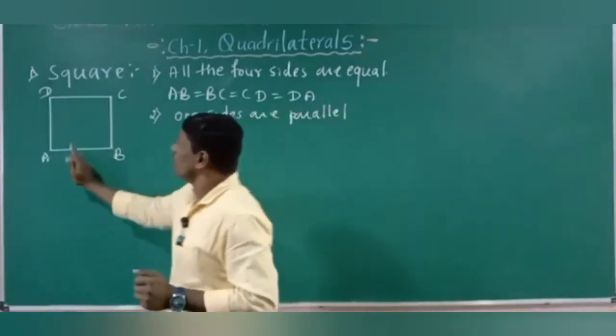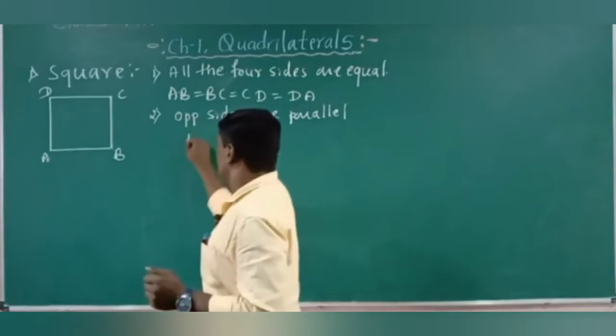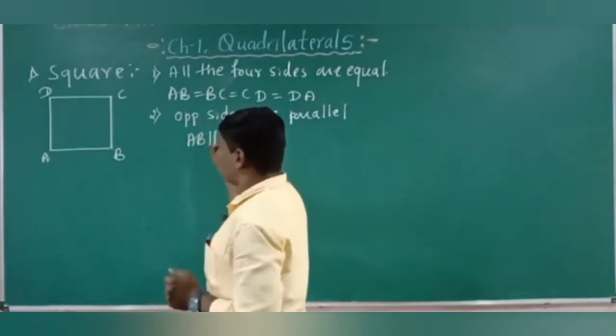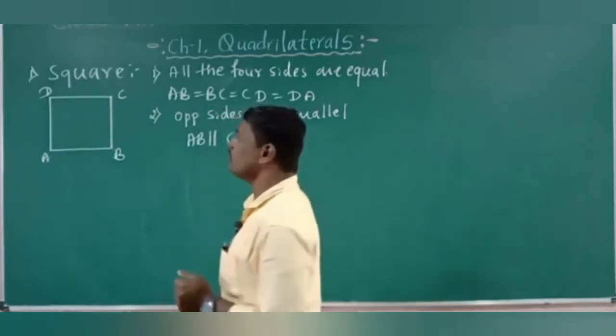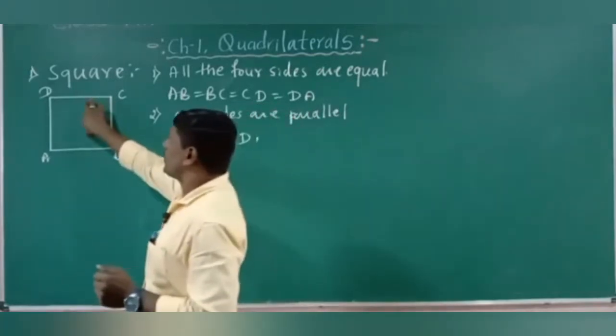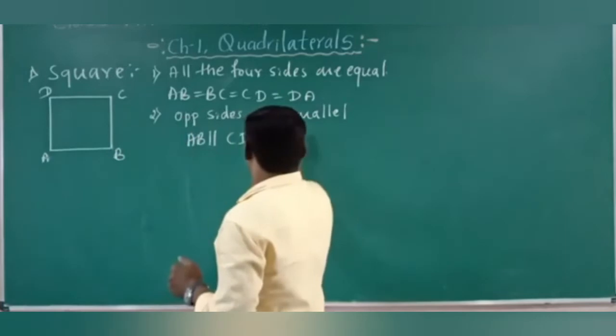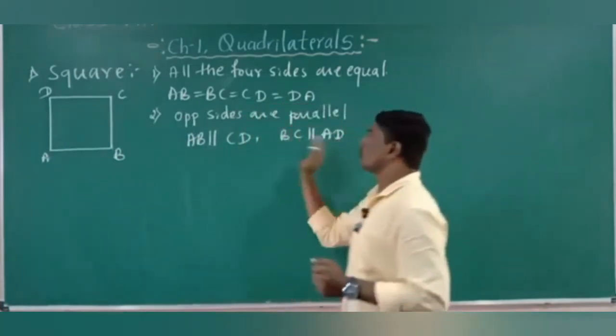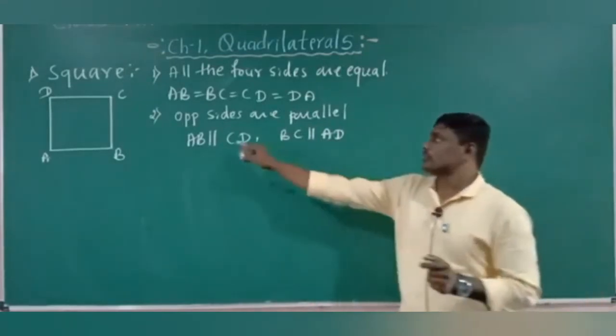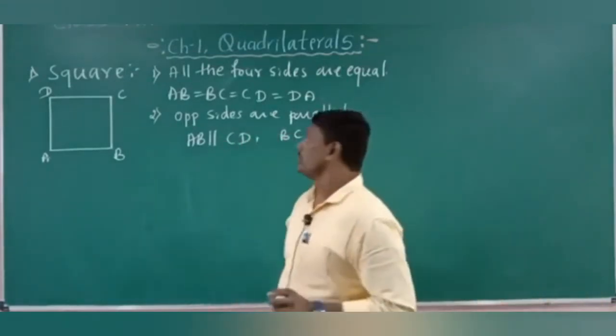So what are the 2 pair of opposite sides here? AB is parallel to CD. This is the first pair. Next one, BC is parallel to AD. So these are the 2 pair of opposite sides which are exactly parallel to each other.